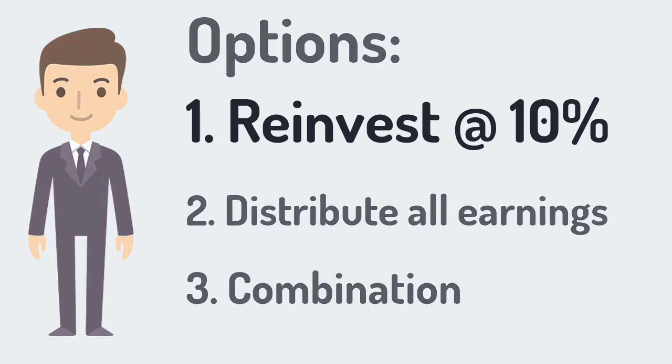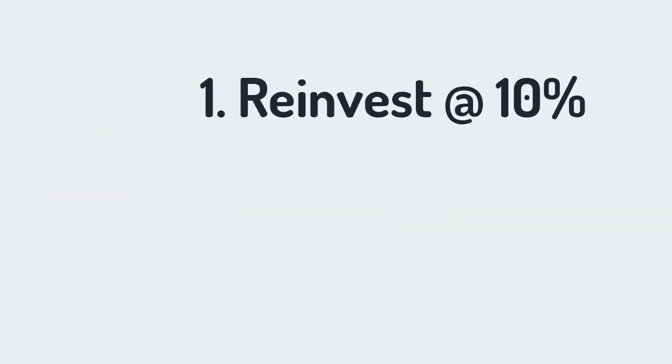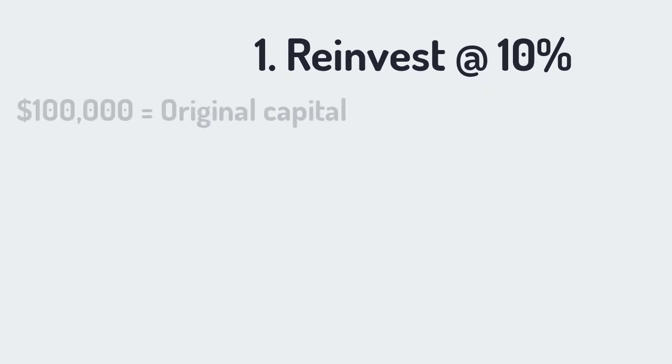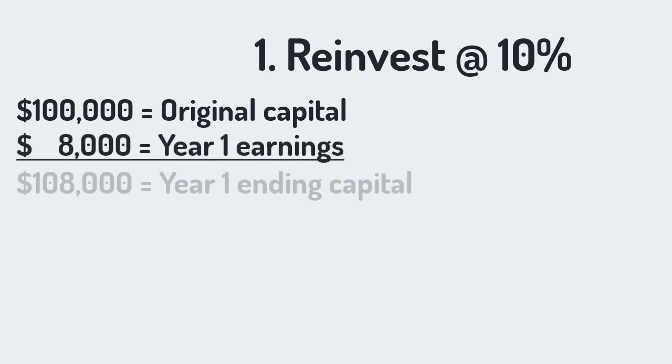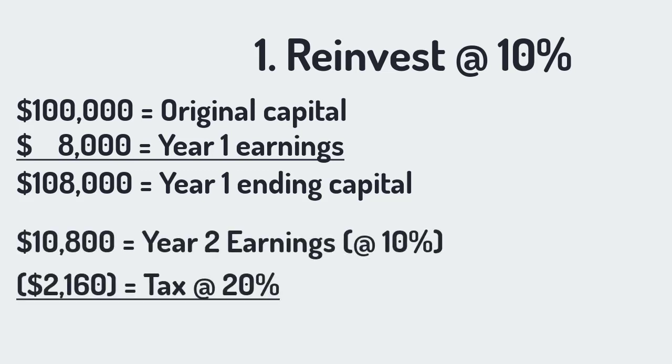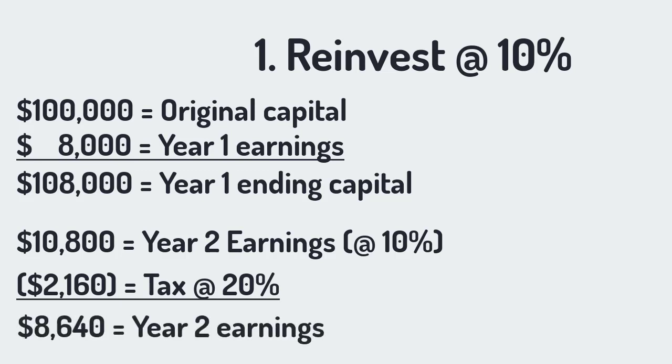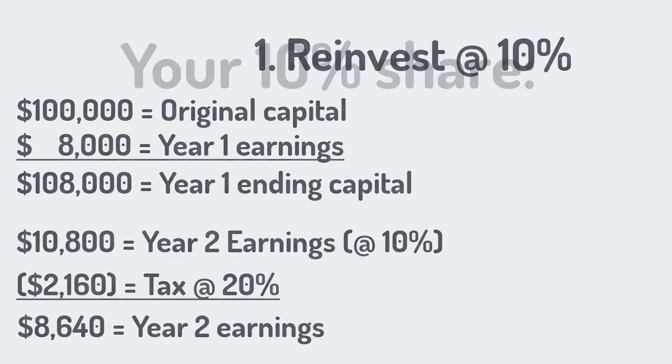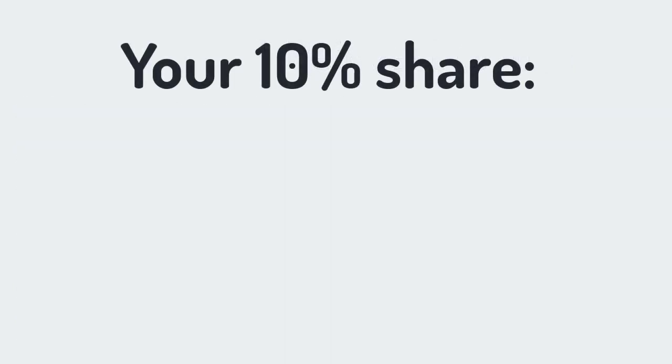So under scenario 1, reinvesting, we have the original $100,000 capital and the $8,000 earnings. These are going to compound at 10% and result in year 2 earnings of $10,800. We'll pay a tax on that, which will result in additional capital growth because of the reinvestment of $8,640.